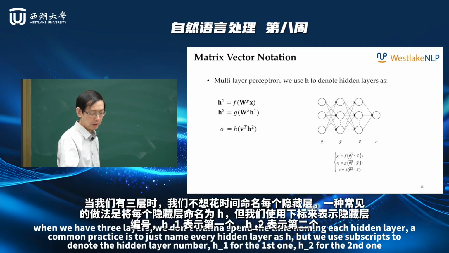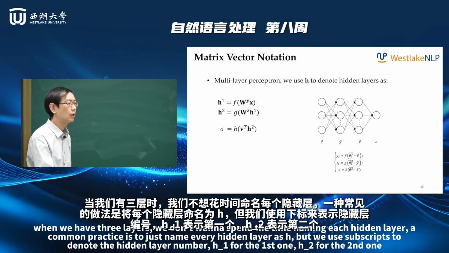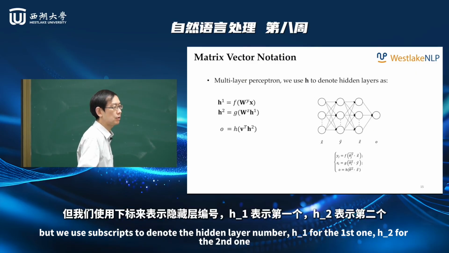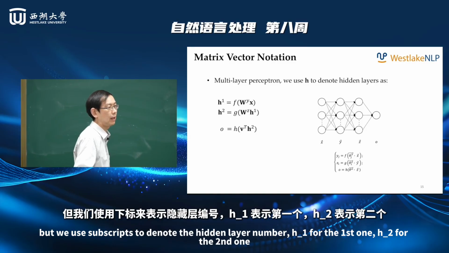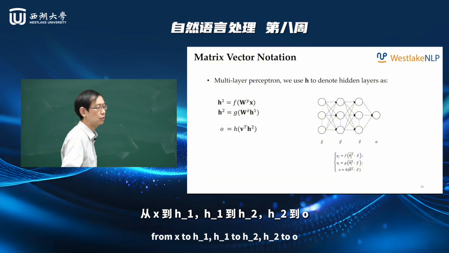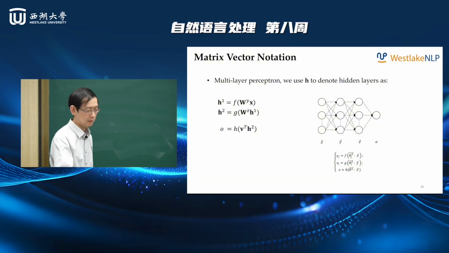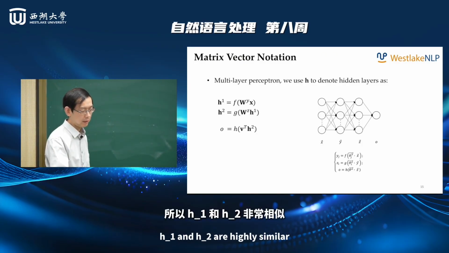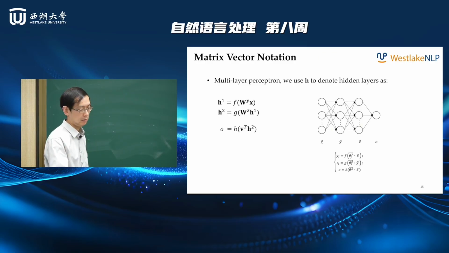So when we have 3 layers, we don't want to spend the time naming each hidden layer. A common practice is to just name every hidden layer H, but we use subscripts to denote the hidden layer number: H1 for the first one, H2 for the second one. So from x to H1 to H2 and to O, right? H1 and H2 are highly similar.